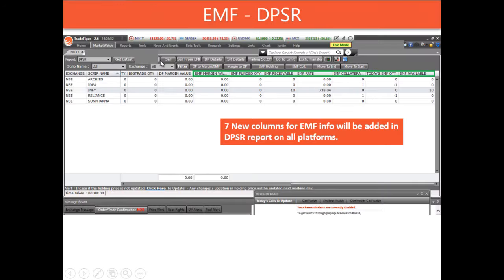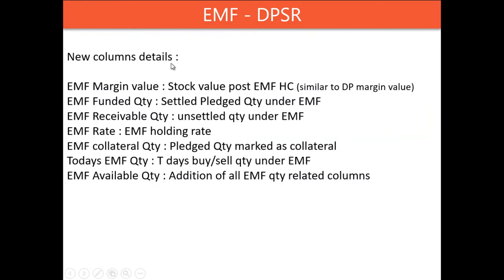And if your account is activated on EMF, this is how it will show you the details of your stocks which are there under EMF. This is on the Trade Tiger. Here, these columns will automatically be added, which will show you the details of your EMF stocks.